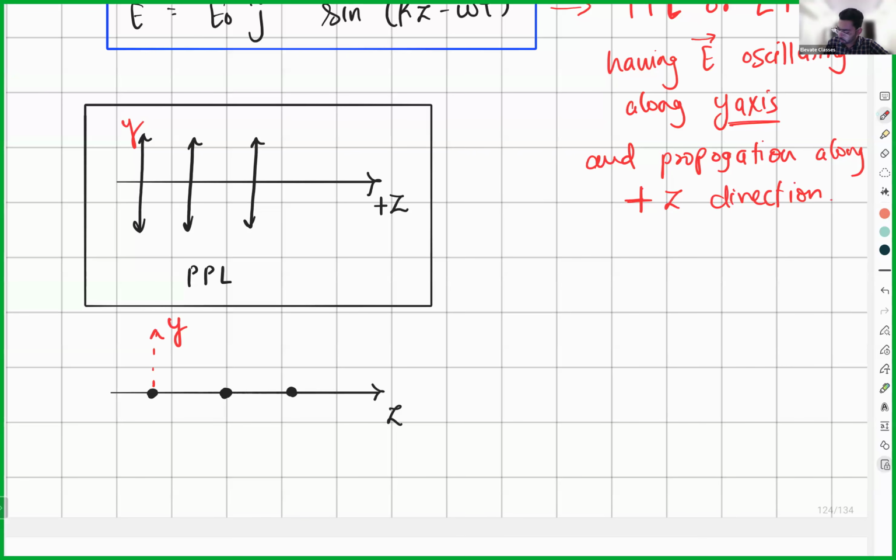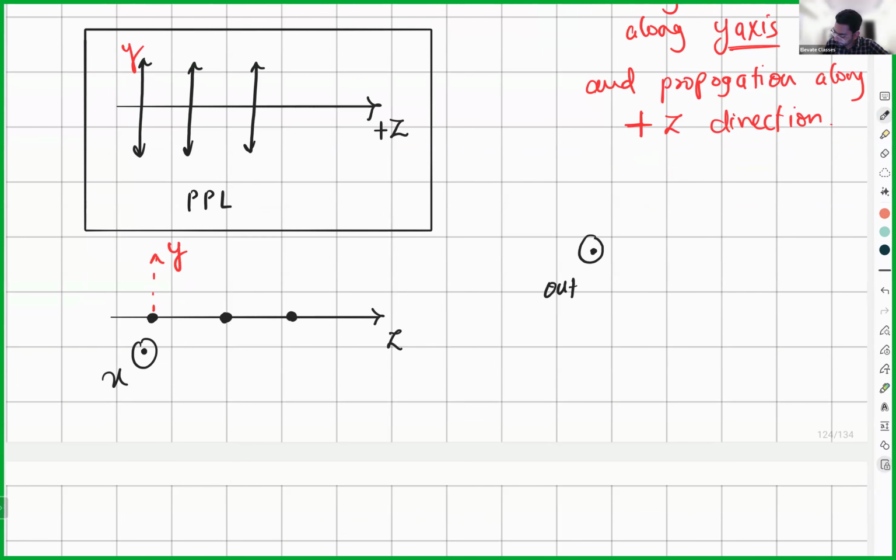So I hope you know the convention that this represents outwards the plane and this represents inwards the plane. Plane here means the plane of the screen that you are looking at.